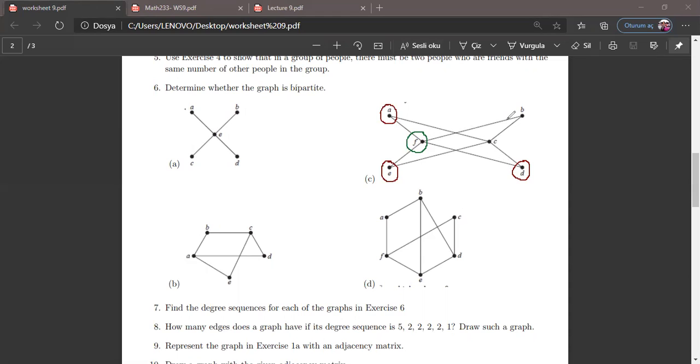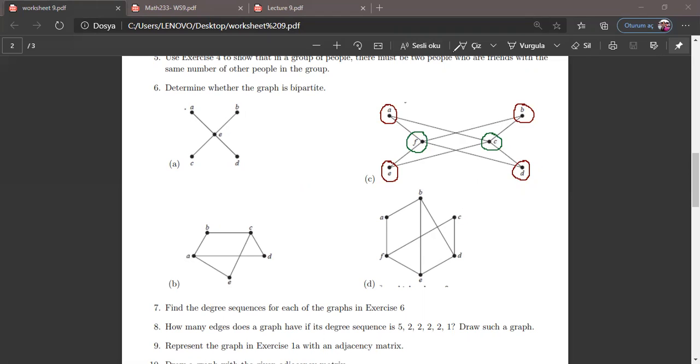Okay, and for B, again, we see it's a neighbor of F, so we paint it with red. And what about C? C is a neighbor with B and D, and also A and E, so we need to paint it with green.